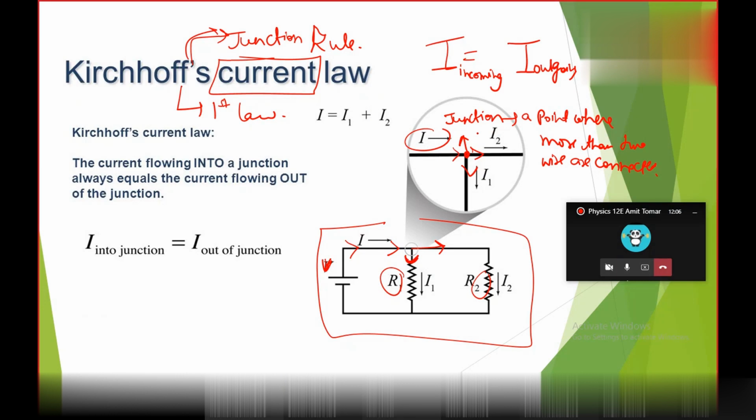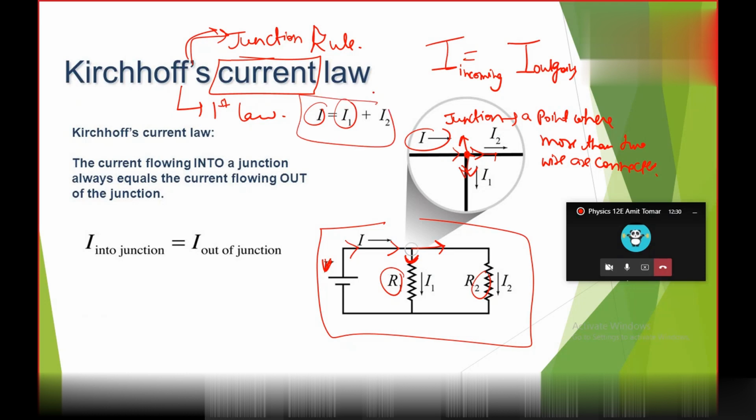That means we can also write that I equals I1 plus I2. Here the incoming current is I, and I will be equal to I1 plus I2. I equal to I1 plus I2 means that the current coming here, that is I, will be equal to the total outgoing current, that is I1 and I2. So I hope this is clear to you.